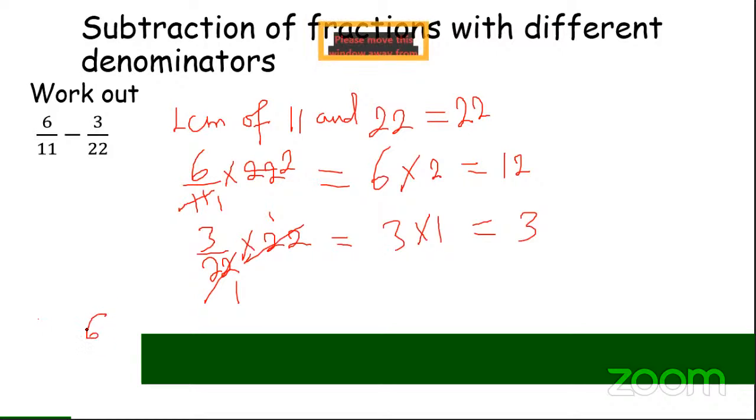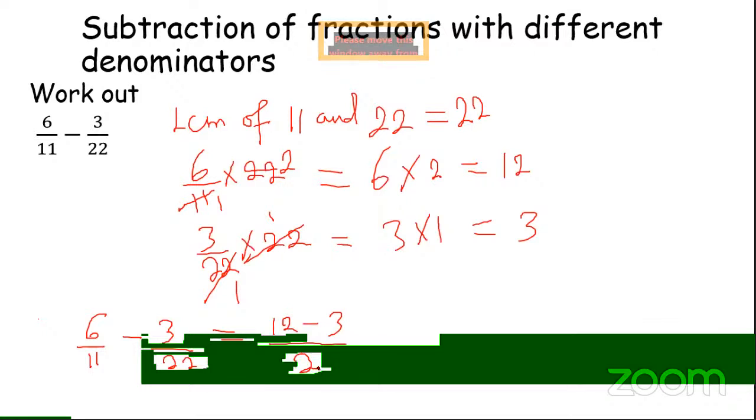So then we would say 6 over 11 minus 3 over 22 is the same as 12 minus 3. So we divide this by 22. So what is 12 minus 3? 9.